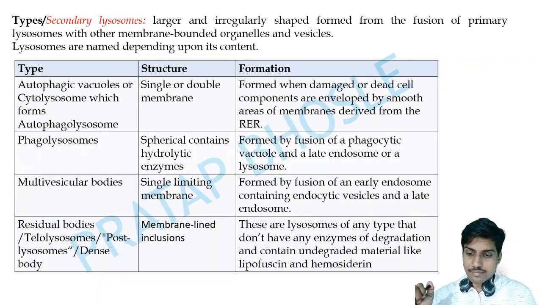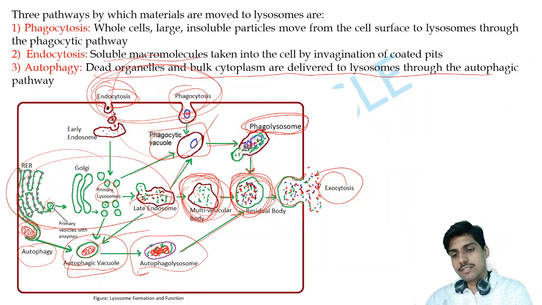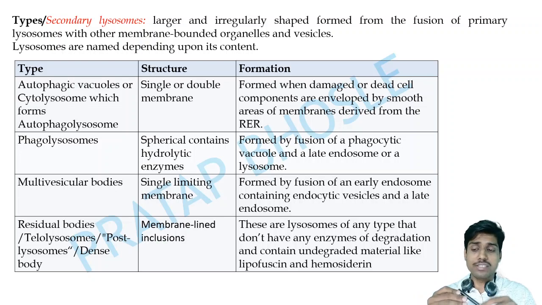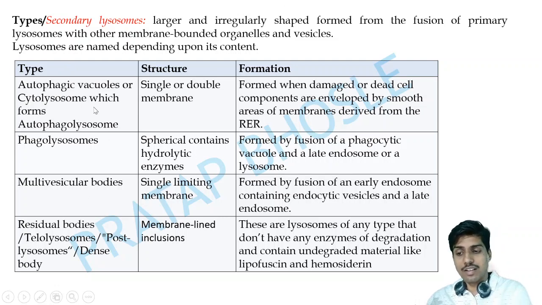Then all of these, the phagolysosome, phagocytic vacuole and the autophagic vacuole, are also called secondary lysosomes. Okay, so I have just given you the different terminologies used for them, right? Like the autophagic vacuole is also called cytolysosome, right?